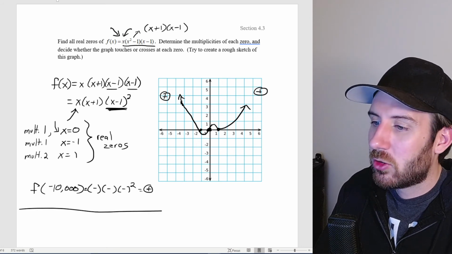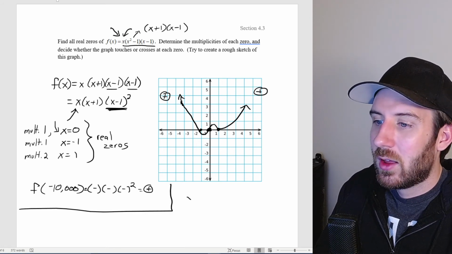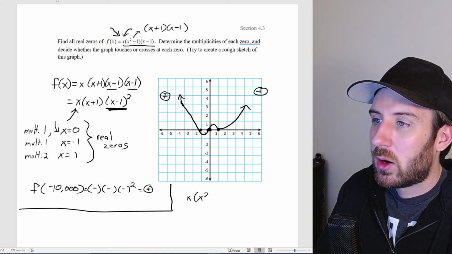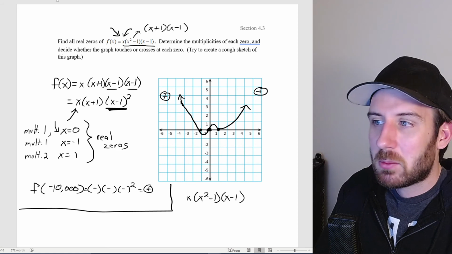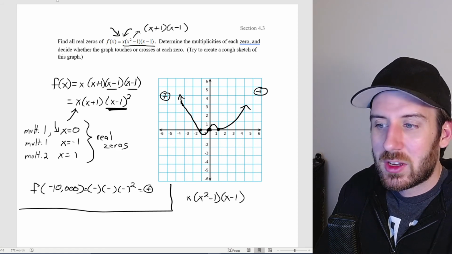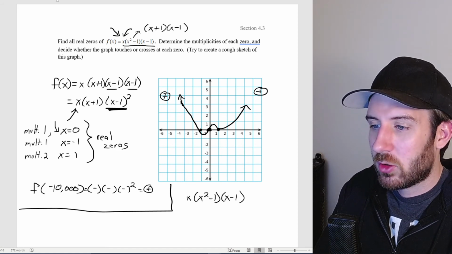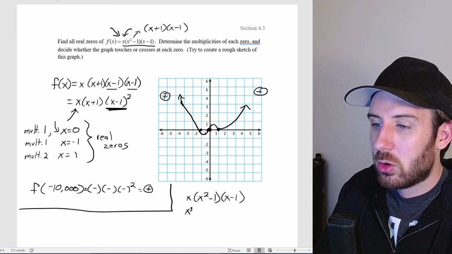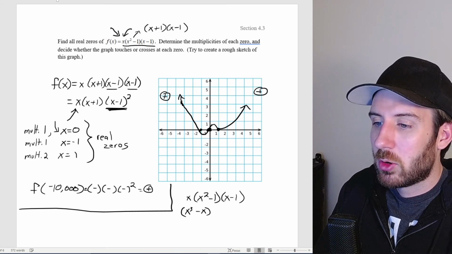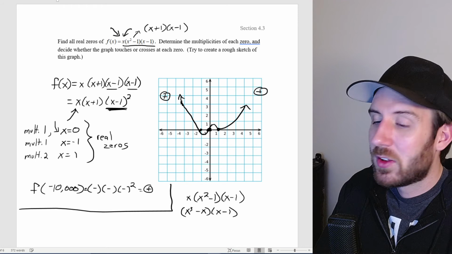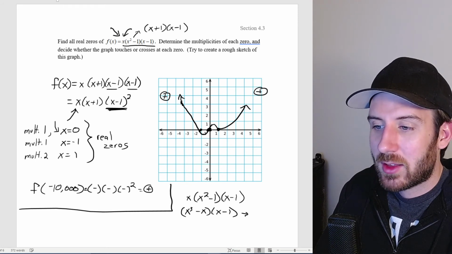Do you want to see that? Let's just do that real quick for our own sanity. x times x squared minus 1 times x minus 1. If I multiply all this out, my leading degree should be an even number. So let's do this out. The first one would be x cubed minus x when I distribute there. This next one I could do in a rectangle diagram, right?